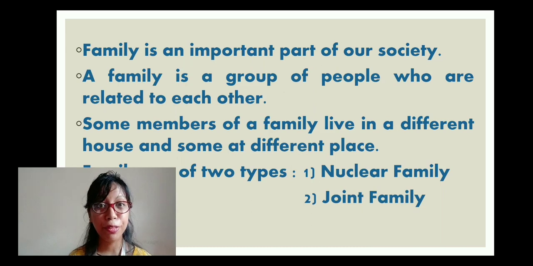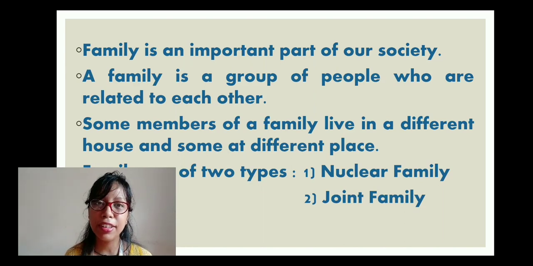Now let's come to family. What is a family? We all know what a family is. We live with our family, right? Yes. Family is an important part of our society. You can say it is the first school of our life where we learn a few things.